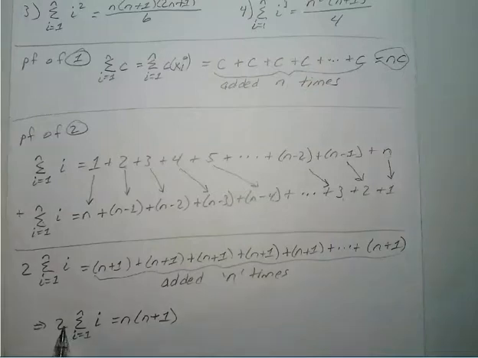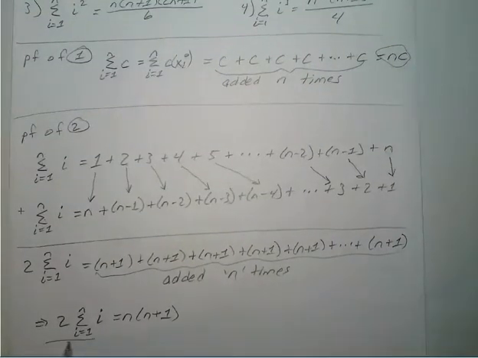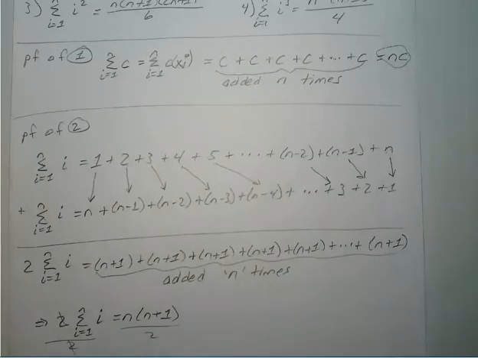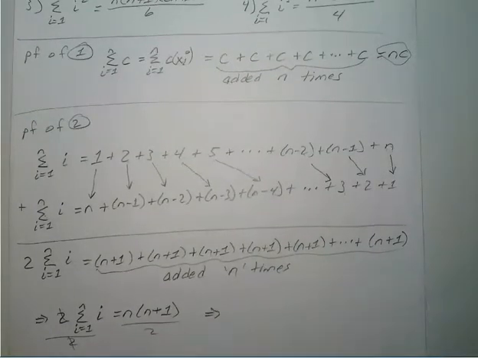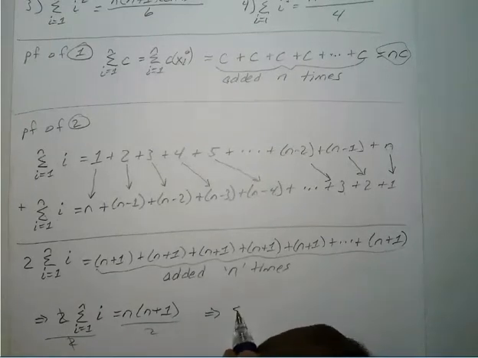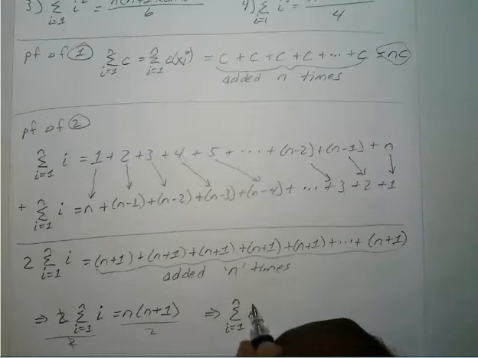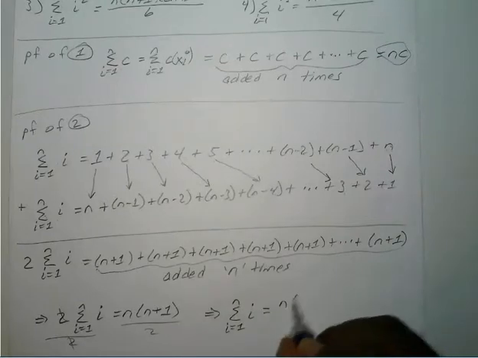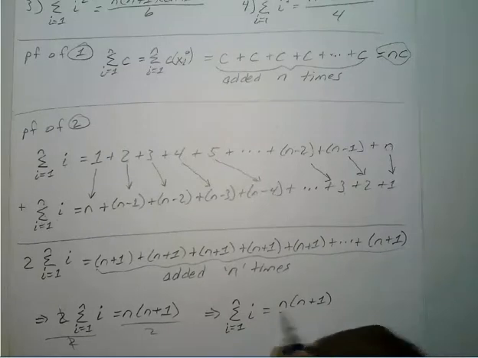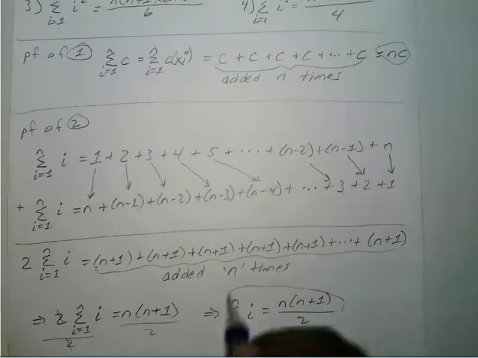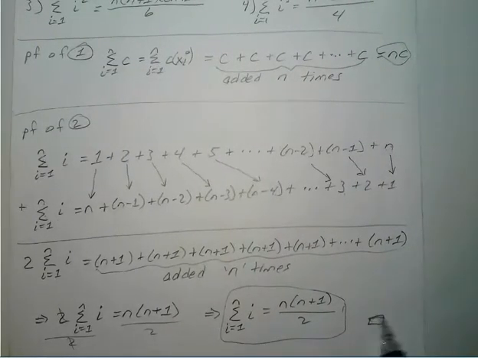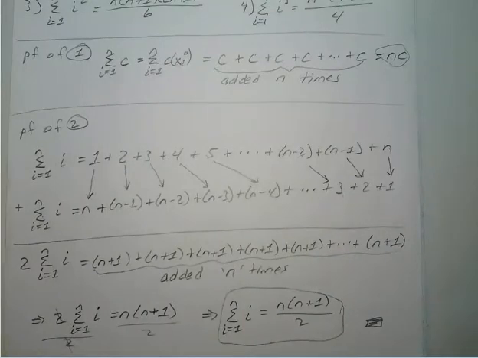Now, if we divide both sides by 2, these two will cancel out. And we will be left with the sum from i equals 1 to n of i is equal to n times n plus 1 divided by 2. So that's how we came up with our formula for that one.